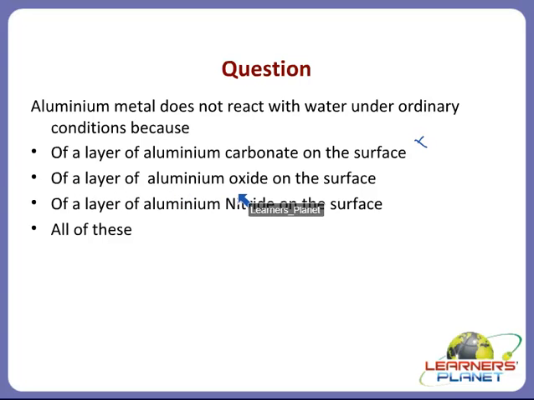Because of a layer of aluminium oxide on the surface, this is the right option. Because of a layer of aluminium nitride? It doesn't react with nitrogen, so this is also wrong. So these are the questions related to the reactivities of metals.